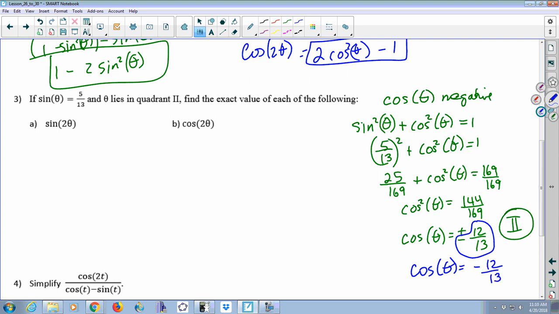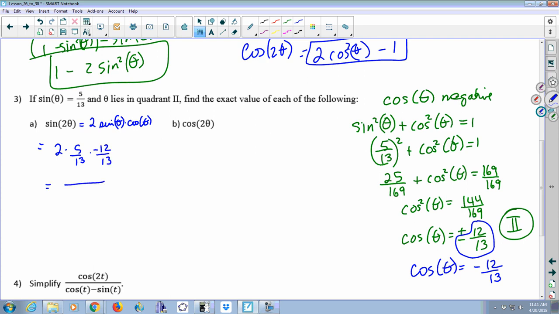Okay, so that's all you're going to need to find the exact values for each of these double angles. So what was sine of 2 theta? Oh right, that's from my preview exercises. That was just double sine of theta cosine of theta. So let's throw in our substitution now. Sine of theta is 5/13, cosine of theta was negative 12/13.